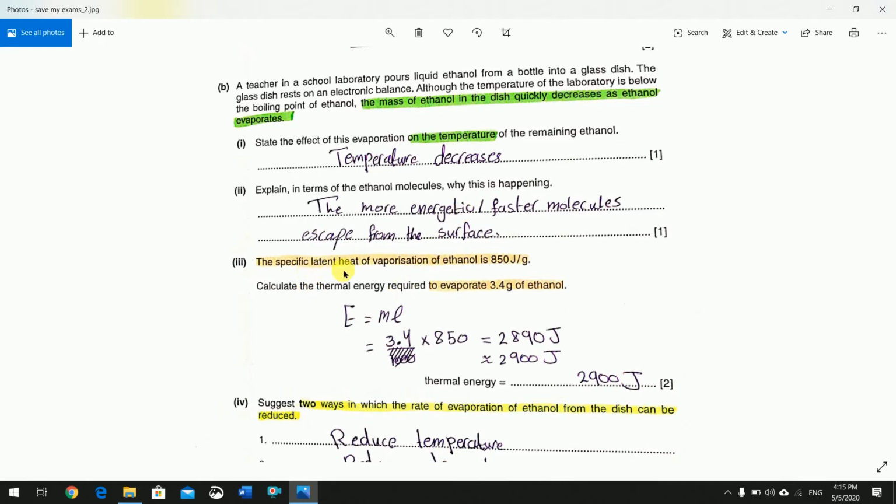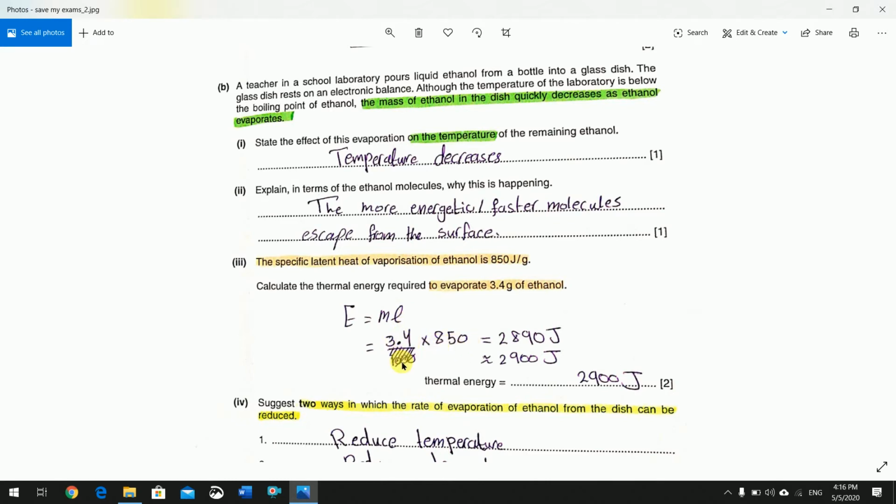Now, the specific latent heat of vaporization of ethanol is 850 joules per gram. Calculate the thermal energy required to evaporate 3.4 grams of ethanol. Now here, the rule is simple. The energy equals the mass times the latent heat of vaporization. Now it is 3.4 times 850.